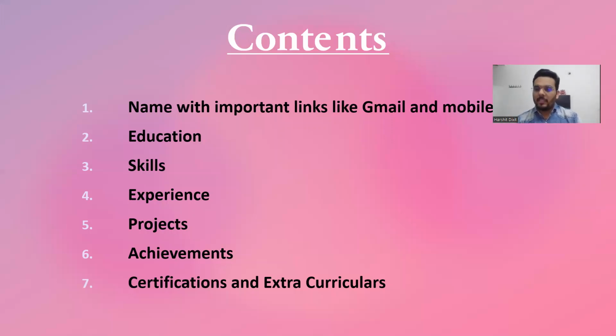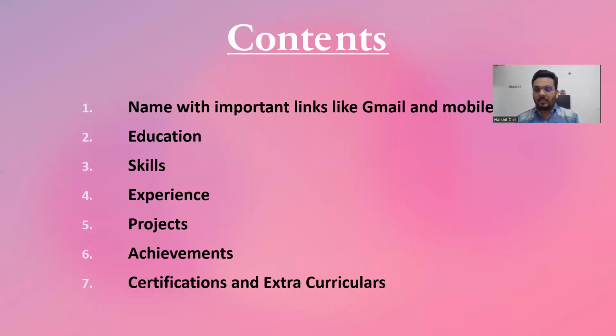But in some cases, the space is not available, so it is completely okay if you just put your college name and college grades along with the year. For example, if you attended the college from 2017 to 2021, you should mention 17 to 21. So your college name should be there, your branch, your CGPA, and from when to when you attended the college should also be mentioned.